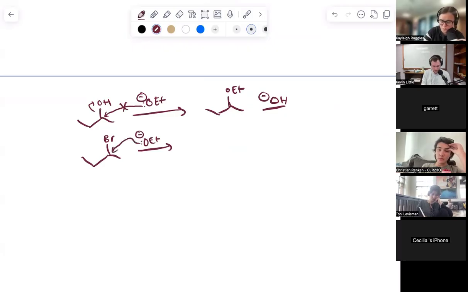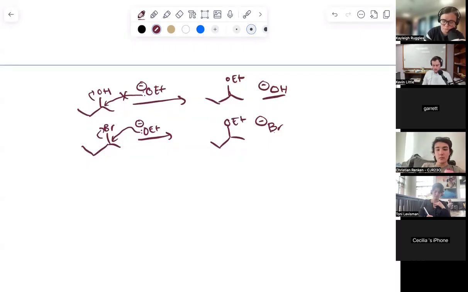we could get this to leave because the Br minus is so much more stable. It's bigger, it's more electronegative, it's able to stabilize that negative charge much better than this OH. This is a bad leaving group. But we can make OHs a good leaving group by protonating them first.